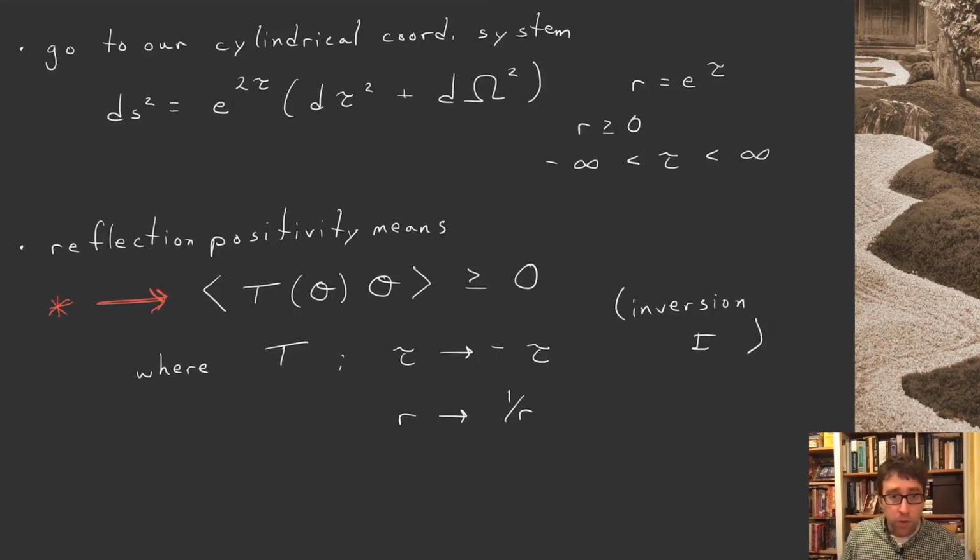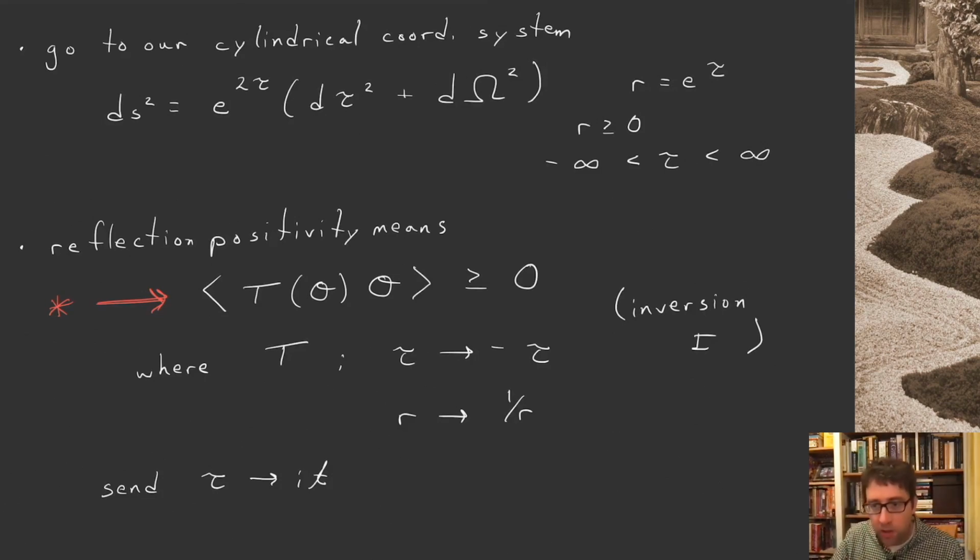Okay, so we have this notion of reflection positivity in terms of time, or this Euclidean version of time tau, which is actually a radial coordinate. I'll just mention in passing that we can make the connection with unitarity a little more precise here. If we send tau to it, this is called a Wick rotation.